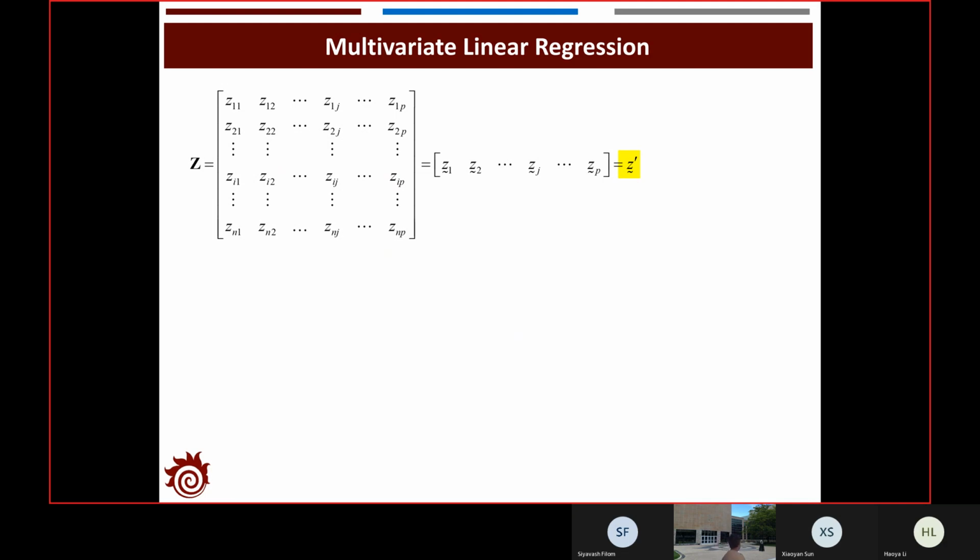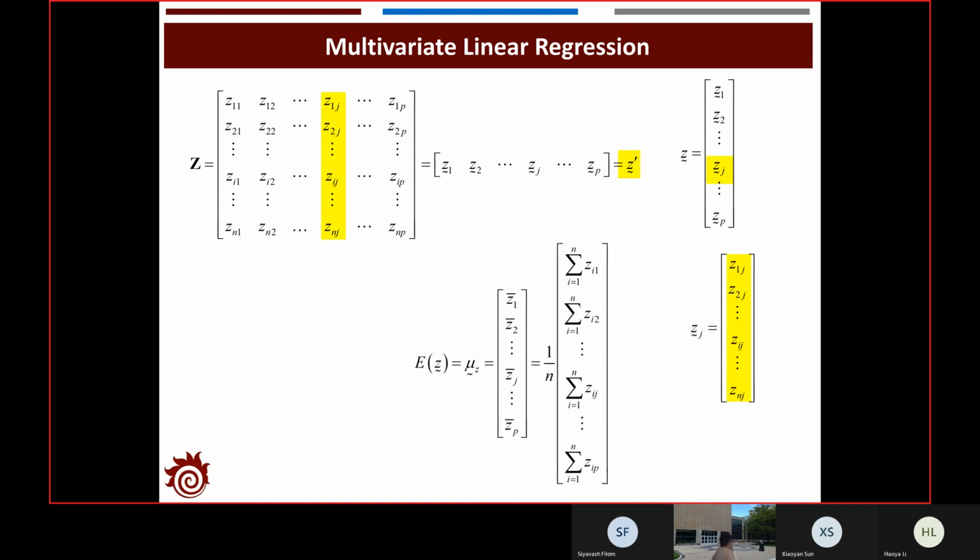Before we do that, we will write down the matrix Z as vectors, and this can be written as Z prime. Each Z prime will represent one variable.